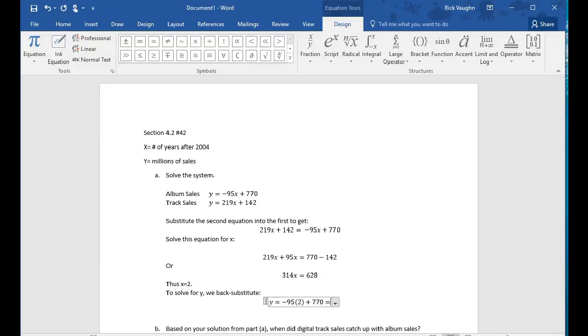So that would be the same as minus 95 times 2, that's minus 190, plus 770, and that gives us, let's see, minus 190 plus 770, could use a calculator here, I don't think I have to. Let's say 770 minus 190, 200, 570, is that 560?